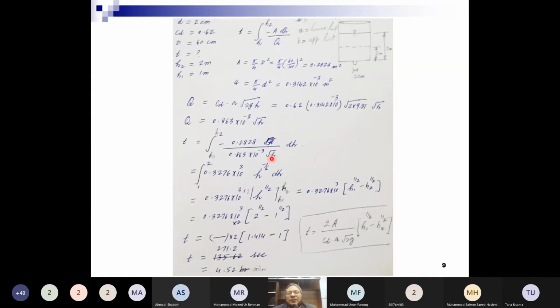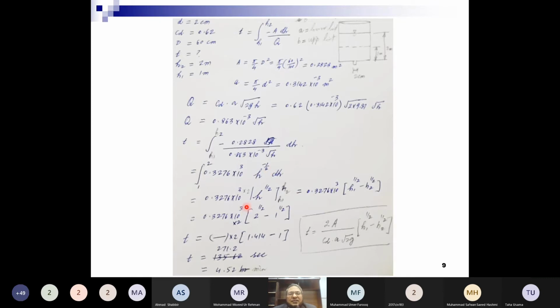So what we have to do, we have to integrate it. This root of h, when it goes to the numerator, its power would be minus half. And this is a very simple integration. That would be x raised to n plus 1 over n plus 1.